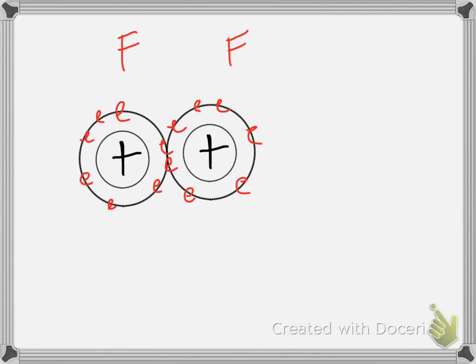So if they overlap their orbitals right there, and then we start counting, we get 1, 2, 3, 4, 5, 6, 7, 8. 1, 2, 3, 4, 5, 6, 7, 8. So everybody feels like they have 8, even though they didn't gain any electrons, but they're just sharing that 1 pair, so they each feel full. Okay? This is a single bond. They're sharing 1 pair of electrons. That's all they're sharing.